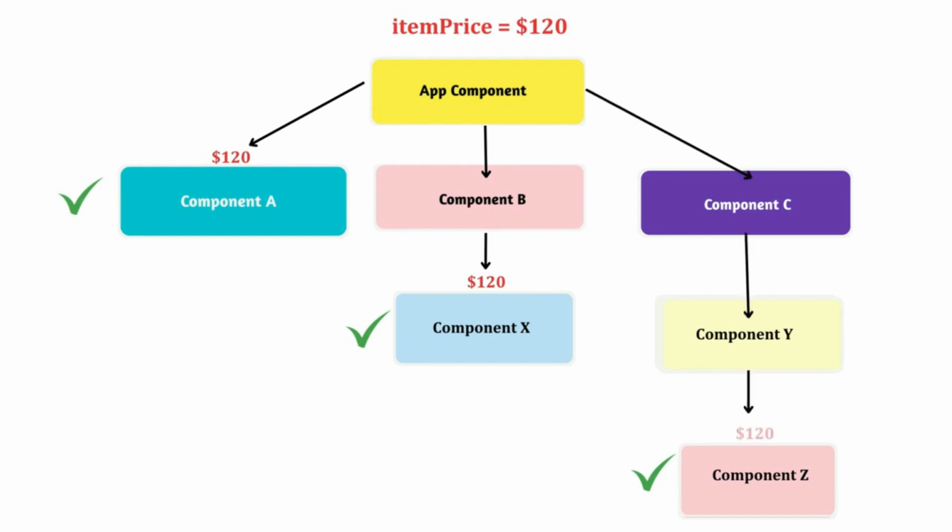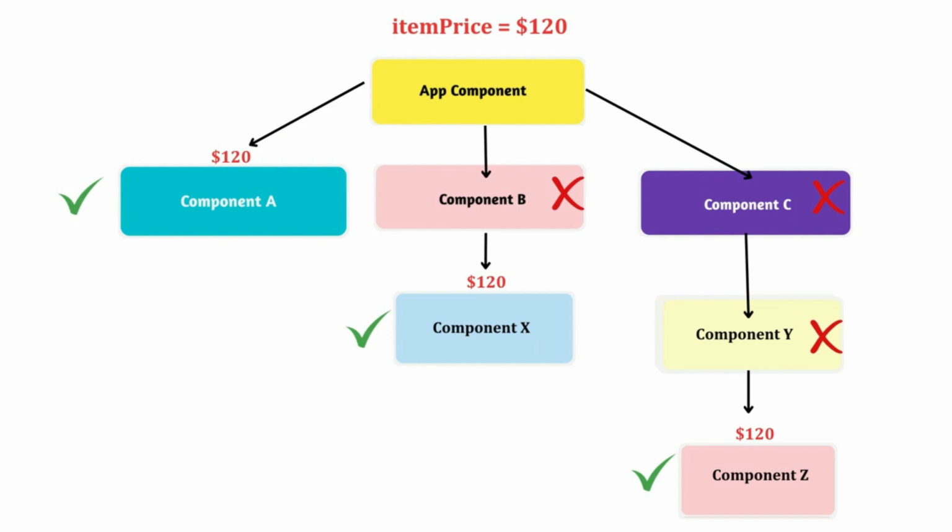Alright, so when you observe the tree of components carefully, you will realize that component B, C, and Y do not need the props, but we still have to pass the props through the components in order to get to the required component where the data will be consumed.